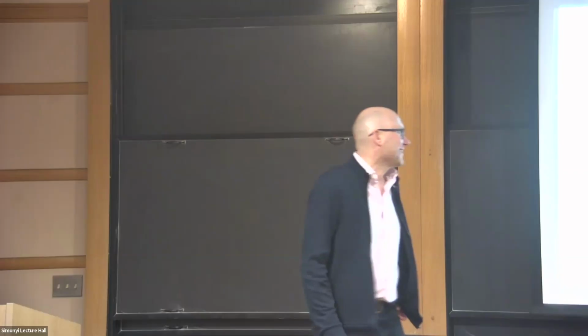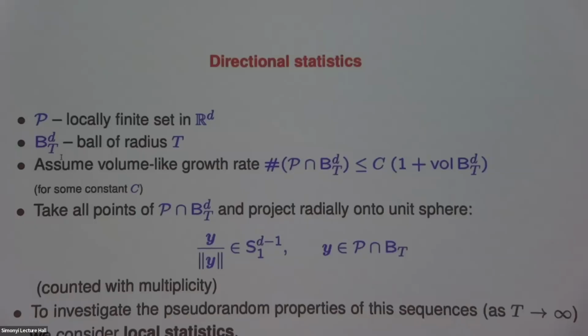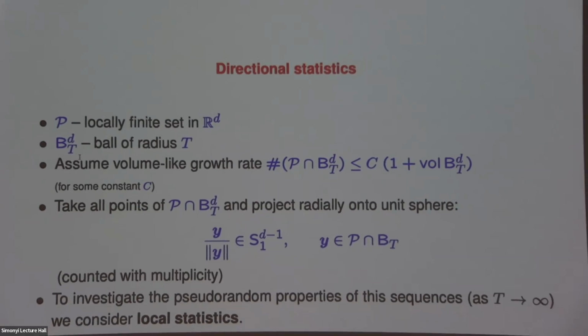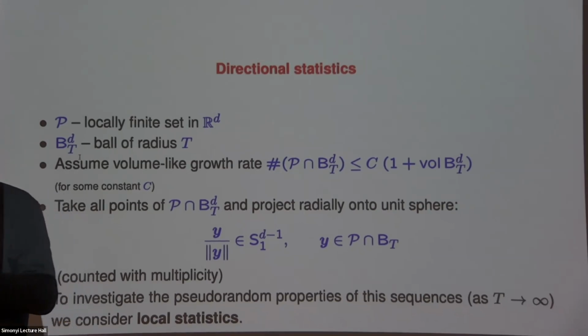I'll do that. Okay, so I'm first of all going to start talking about directional statistics. So what is that? Imagine you have a point set, you look out at the stars in the sky, and you want to understand the directions in which you see the points in your point set.